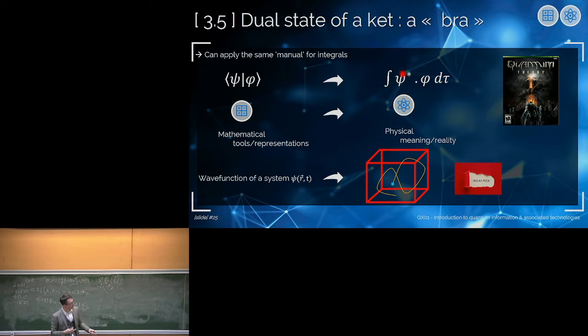The physical meaning is that, in particular, if psi equals phi, phi equals psi, then what you have here is the integral of psi star psi over d tau, where I say d tau is a volume integration.